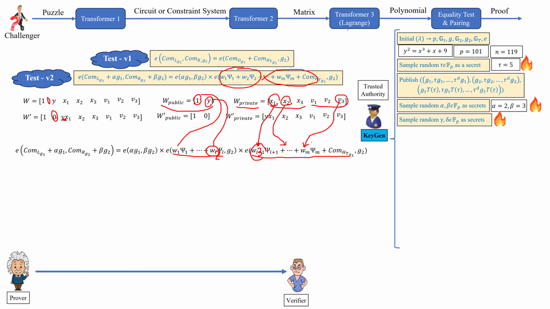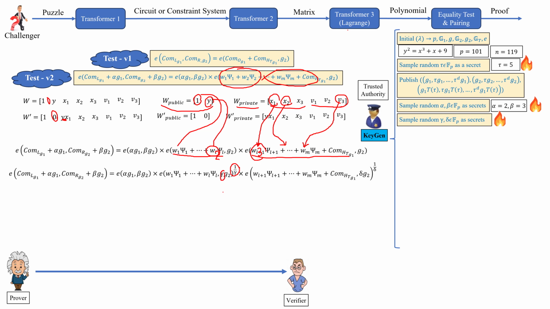Now the trusted authority again needs to consider two random values, gamma and delta, which it will definitely not share with the public or others. Now we want to multiply by gamma here and 1 over gamma here.